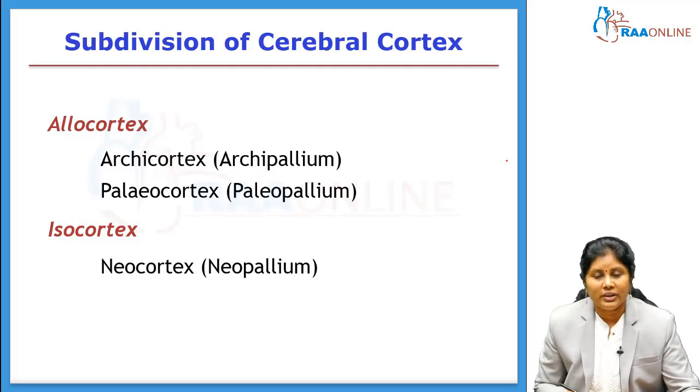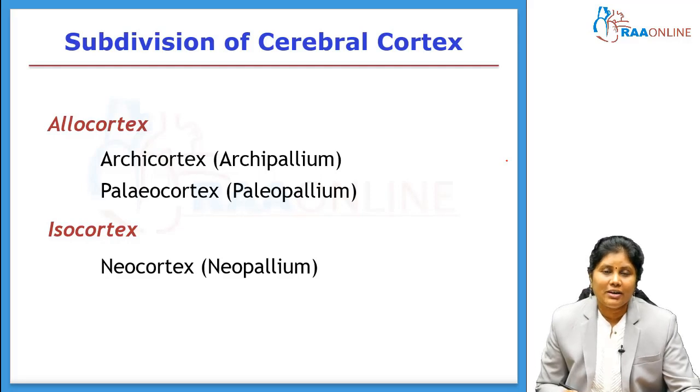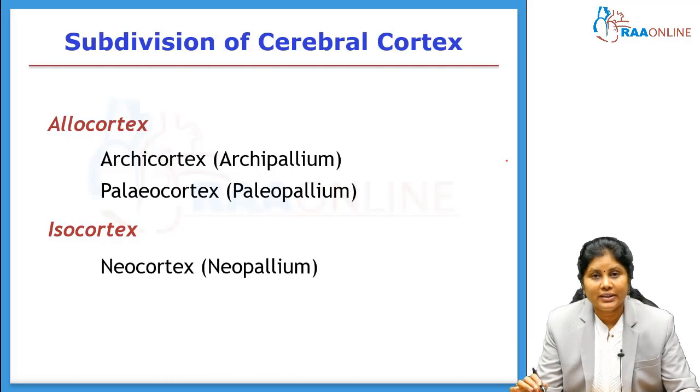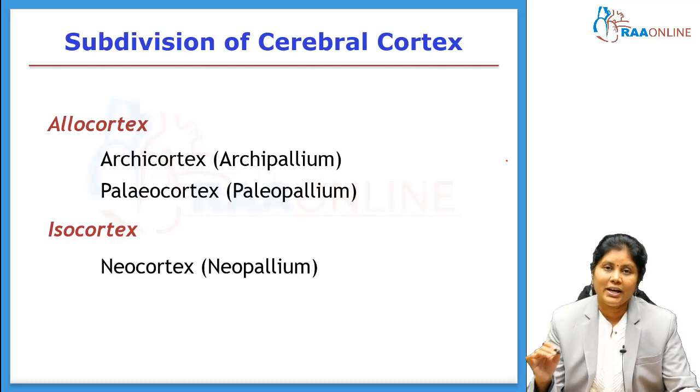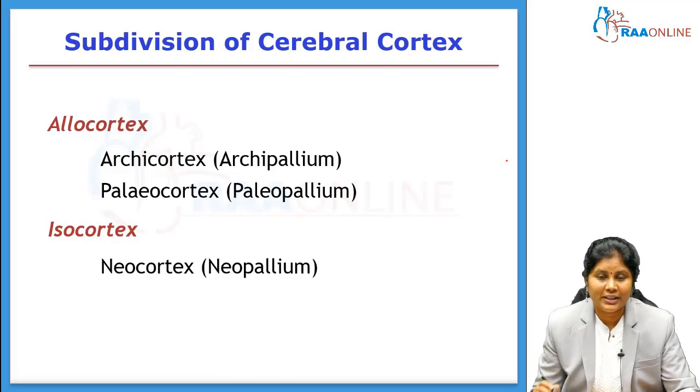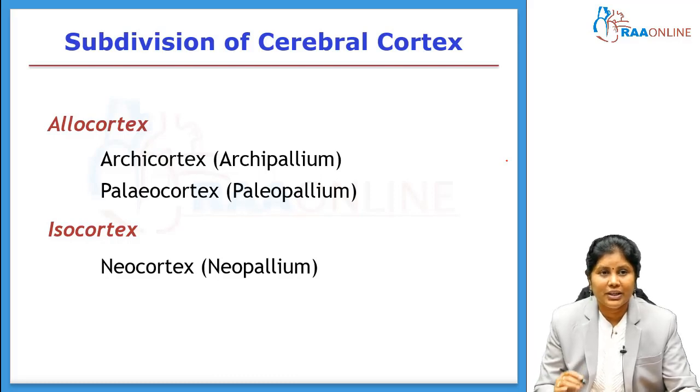The paleocortex, also called pallium, has 4 or 5 layers of the cerebral cortex, and is predominantly seen in the entorhinal area and piriform area. In all those areas, it is the paleocortex that is present.